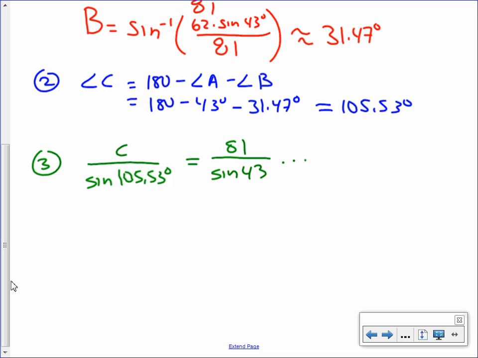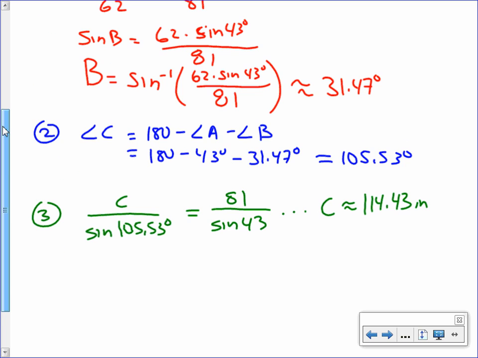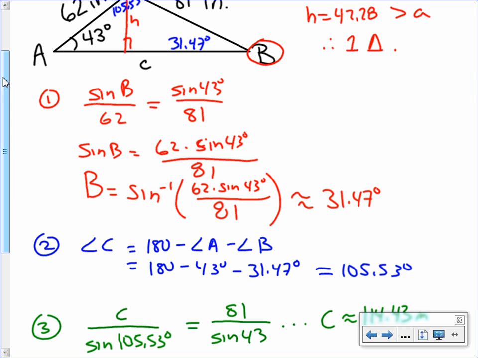You should get c is about 114.43 inches. And that, my dear friends, should complete our triangle. Pretty simple, right? All right, let's get to the good stuff. We found one triangle. Let's take a look at example 2.